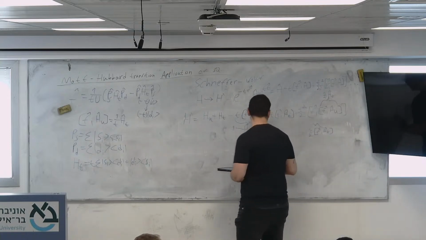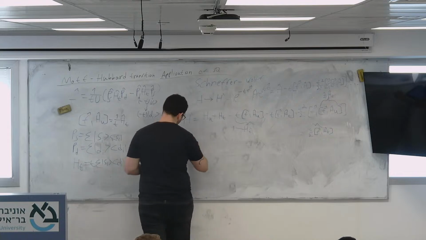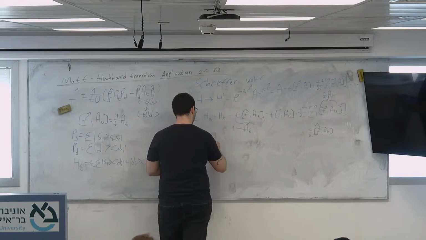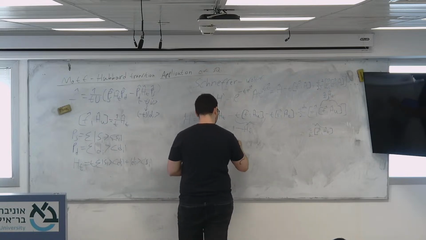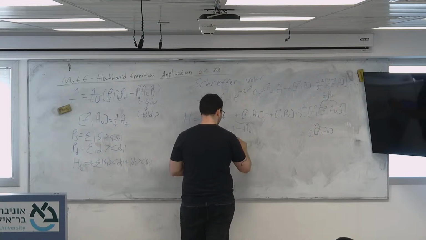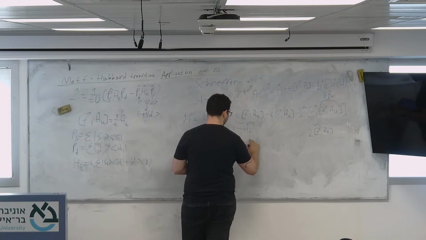Okay. Overall, our change, our Hamiltonian will be HU minus t divided by 2, the commutator of F and HT.